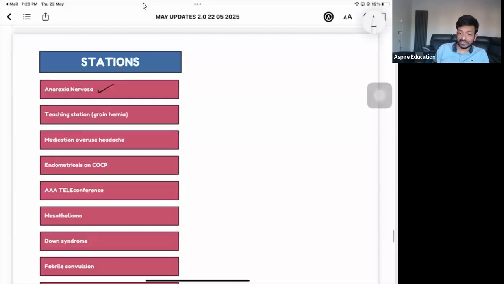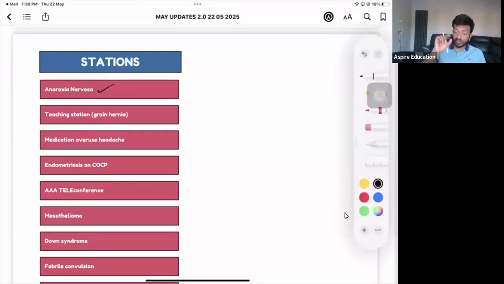On the 20th, you get anorexia nervosa. We have got a lot of scenarios on eating disorders. You have got anorexia, you have got bulimia as well. Now answer a question: what is the admission criteria in anorexia nervosa? Remember one thing, guys. BMI is not the only criterion to decide admission or discharge.